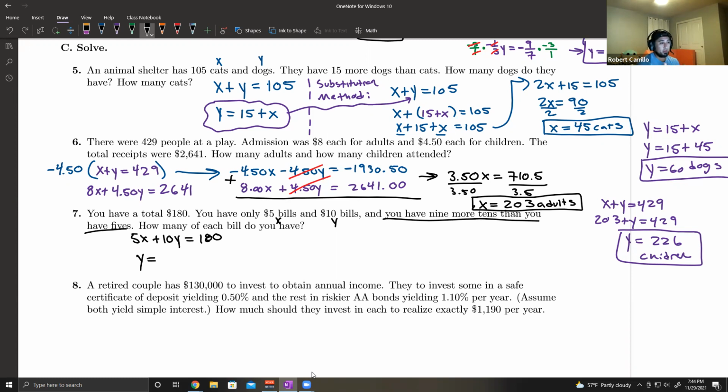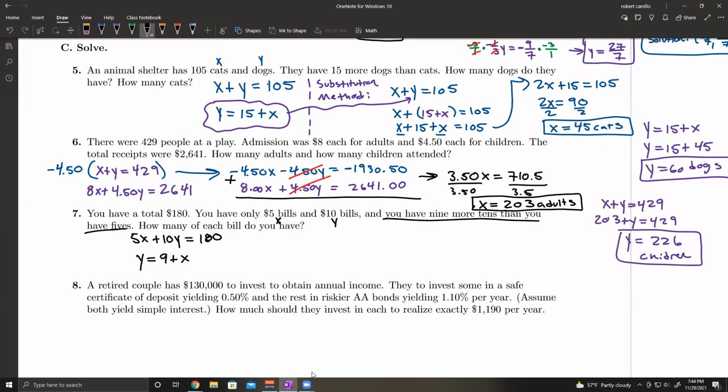What would I write? 9 plus x. Good. And this will be like number 5 again. We're going to do that substitution method. Since we have it as y equals, we're going to plug that into the first equation.